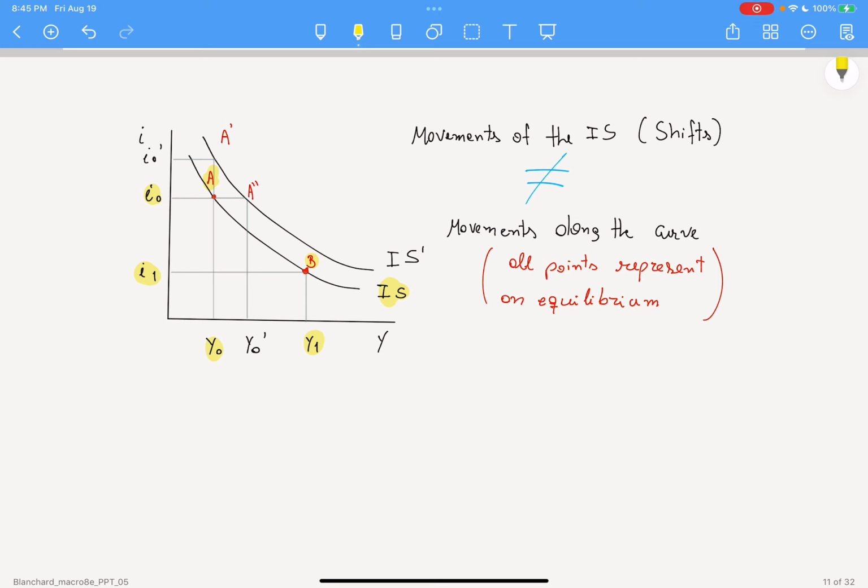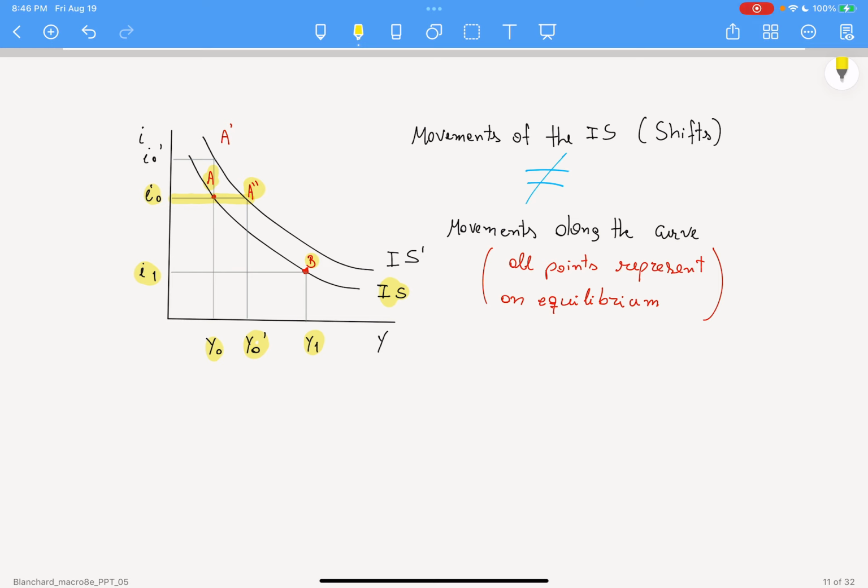Well, if we keep this I naught, and let's say that we change the taxes, as we had before, for the same interest rate, we have a greater value of the output, right?